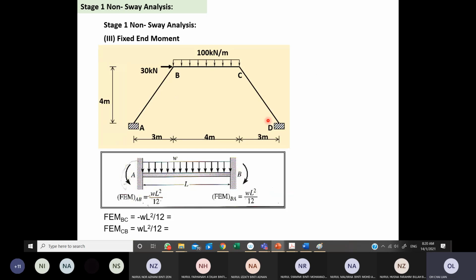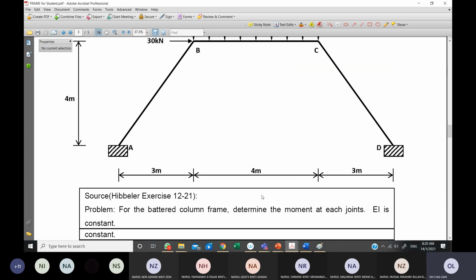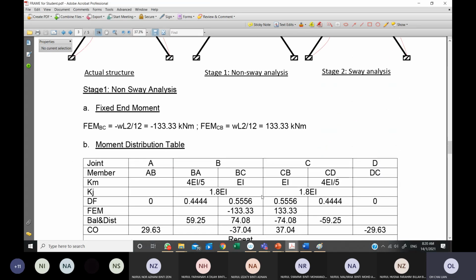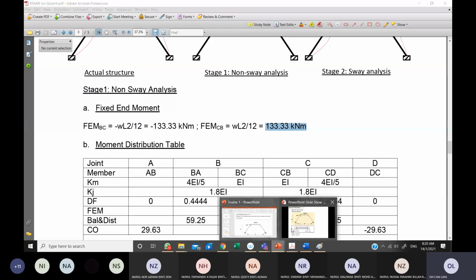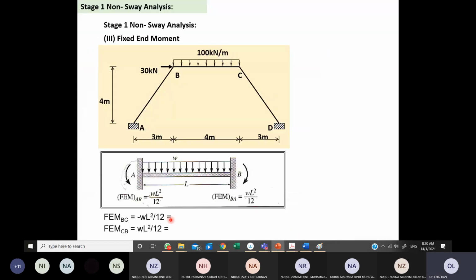Then for stage 1, we're going to get the fixed end moment. I have given you an answer there. Let's see how the answers are calculated.